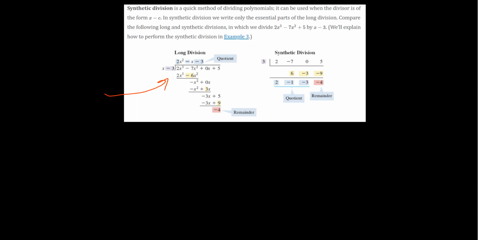But notice how we are dividing this third degree polynomial by x minus 3. We can go about doing the long division, and there's nothing wrong with it except that it's long. Whereas if we use synthetic division, we would just have to write this, and we do indeed get the same solution.